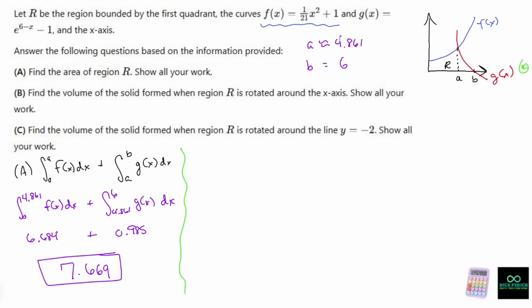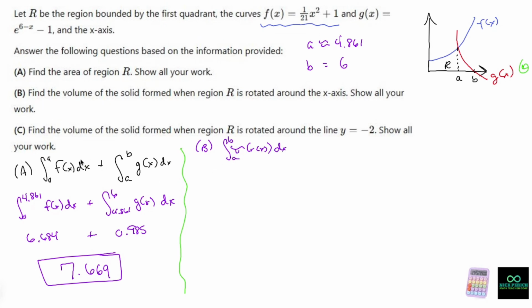Generally speaking, when you want to rotate a line around the x-axis to make a solid, the general formula for that is basically, and this is any line, so I'm not going to use F and G, I'll use R. So you would do pi times R of x squared dx, and you're going to use your limits.